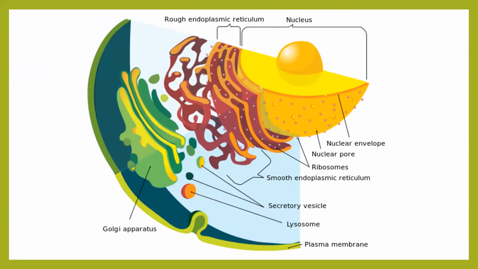We first started with cell wall, then cell membrane, and then we also studied how the movement of different molecules takes place inside and outside of the cell, under which we have learned two different topics.